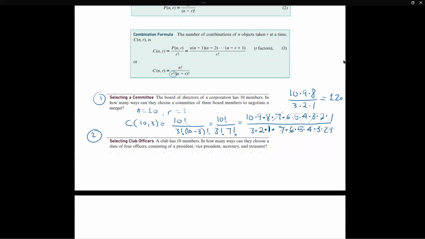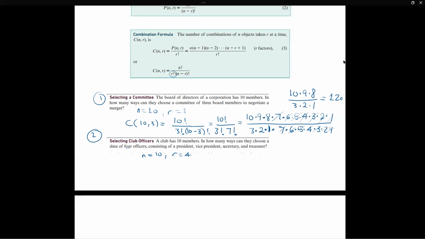So there is some order there. A club has 10 members, so n is 10. In how many ways can they choose a slate of 4 officers, consisting of a president, vice president, secretary, treasurer? So there is an order there, and this implies order.